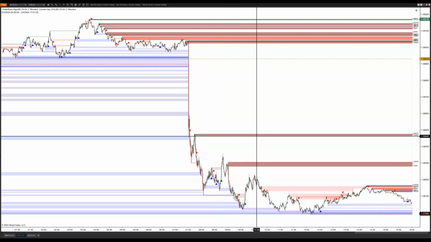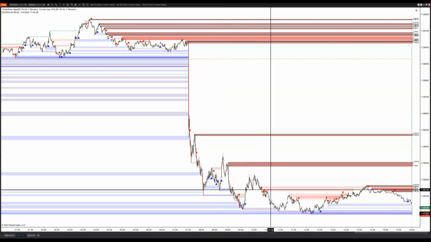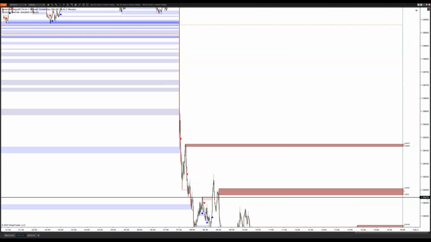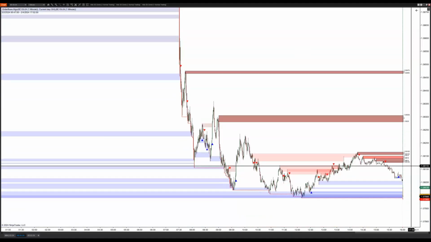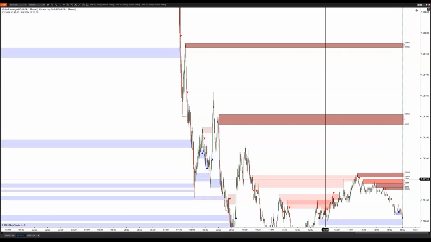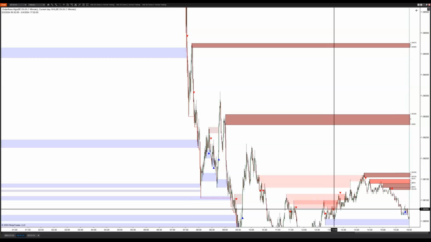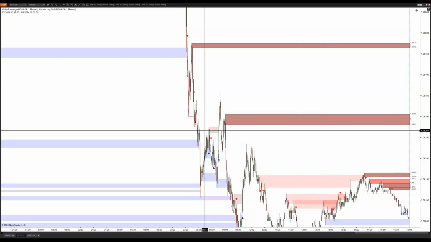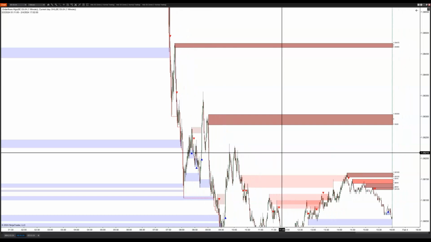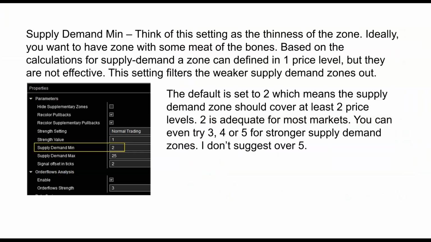This one's 2, but you can see in here, there's probably some 1s. There's a 1 here. Some 1s that got drawn through here, down here. These it's not going to show because they're already traded through. But just keep that in mind. That deals with why it's set at 2.